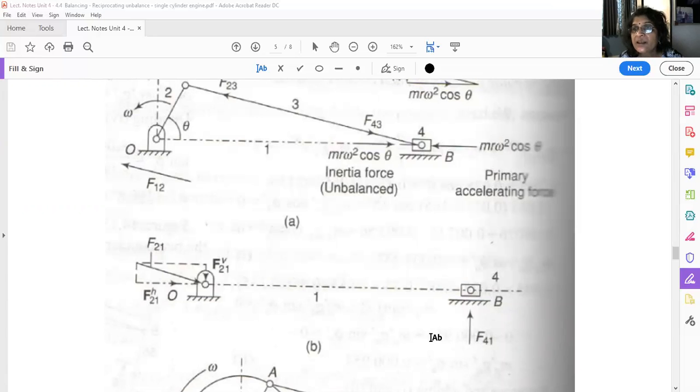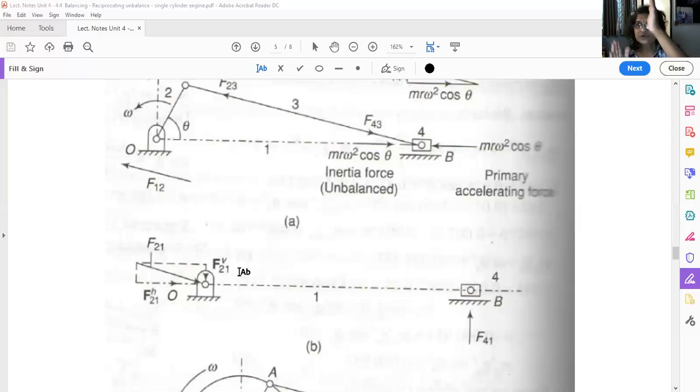Okay, then here there is a cylinder. So there is a reactive force, reactions offered by the cylinder on this piston, that is F41. Okay, because it is sliding, so force will be perpendicular. Okay, now see this F21 force vertically downward, and this force is vertically upward.